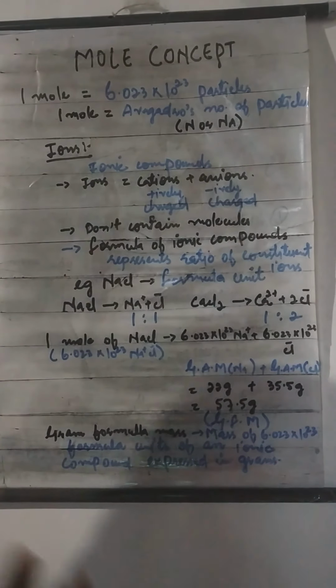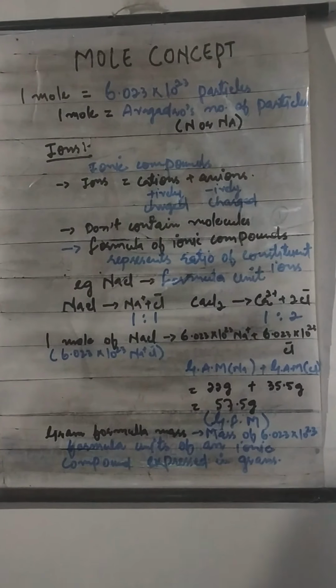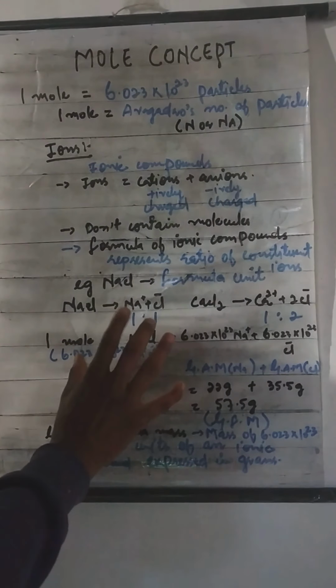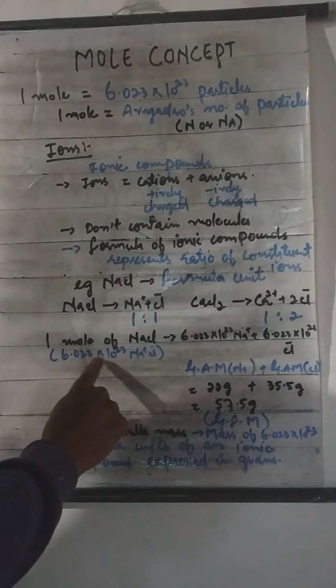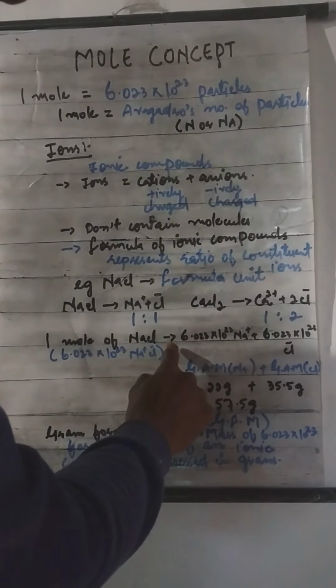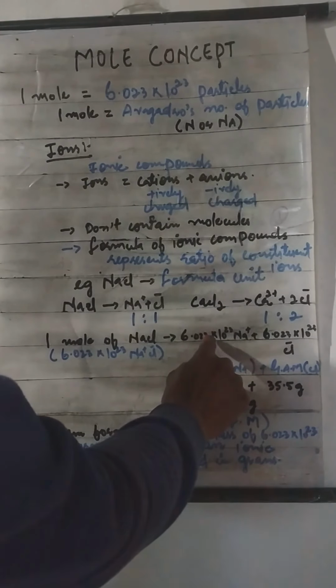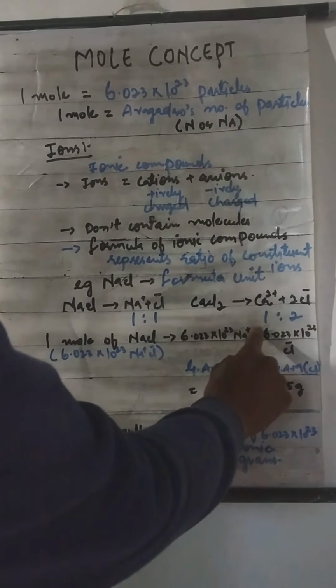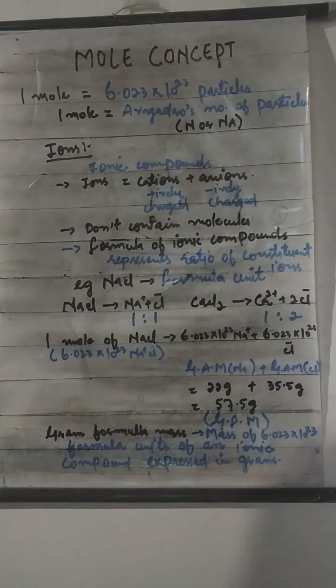Then how much will 1 mole of NaCl weigh? If we weigh 1 mole of NaCl or any ionic compound, what will be its weight? 1 mole of NaCl is equal to 6.023 × 10^23 Na+ and Cl- ions. And this means 6.023 × 10^23 Na+ plus 6.023 × 10^23 Cl-.